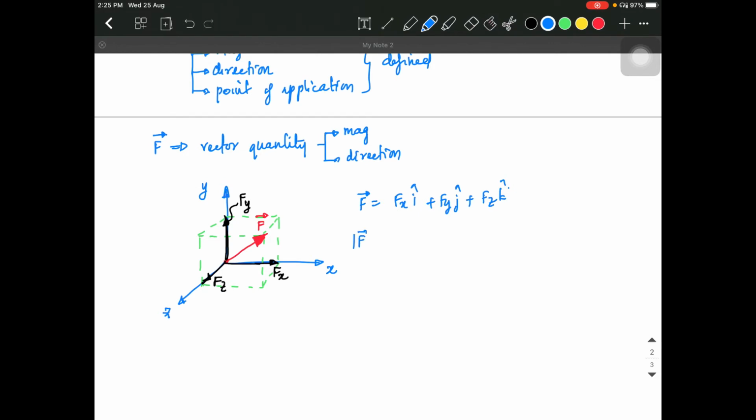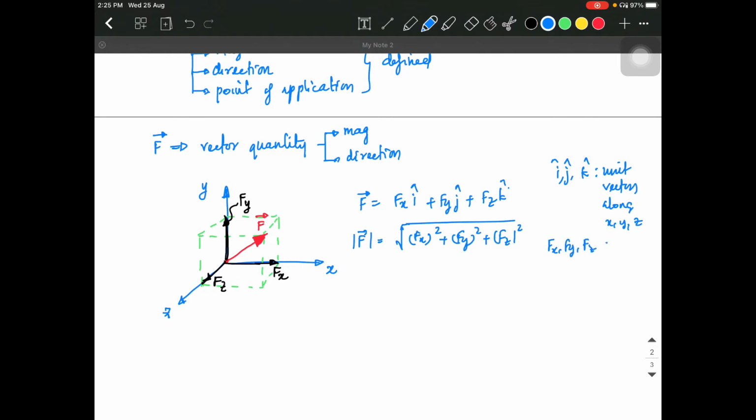To define the magnitude of a force F, we can use the square root of Fx squared plus Fy squared plus Fz squared. Here i, j, k are unit vectors along the x, y and z directions, and Fx, Fy and Fz are the components of the force along the x, y, z directions respectively.